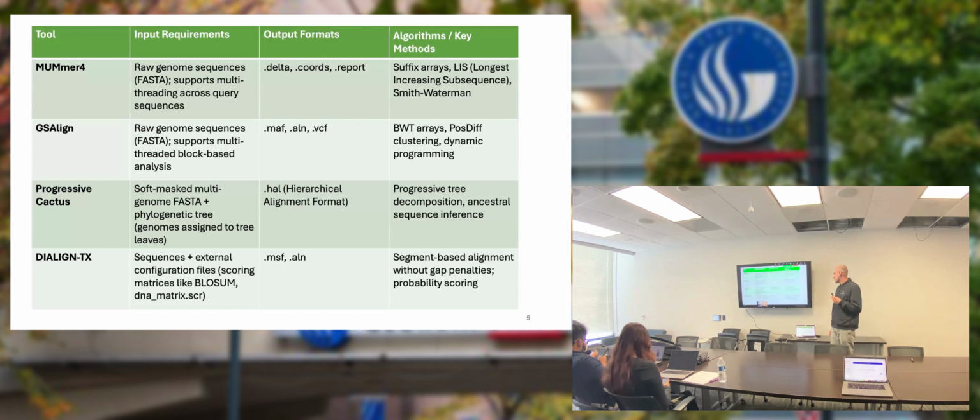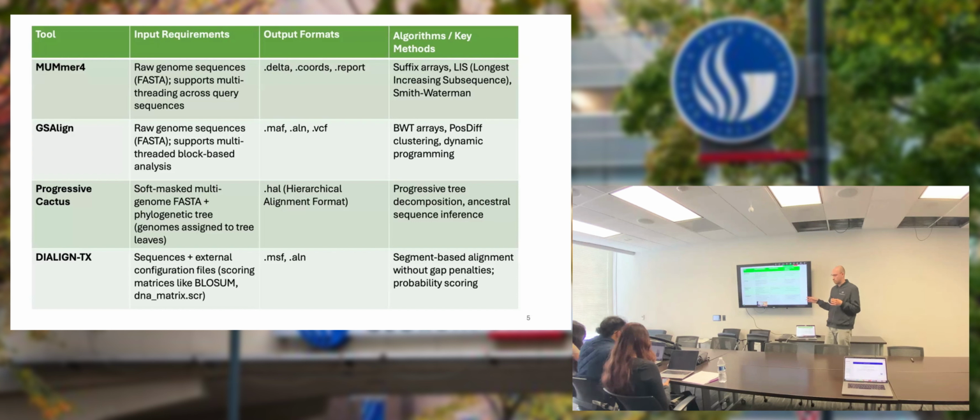And so for two of these tools, they require something else besides the two sequences. So progressive cactus, apparently it is named progressive because it requires a progressive tree, which is another term for phylogenetic tree, and it aligns sequences in a certain order.